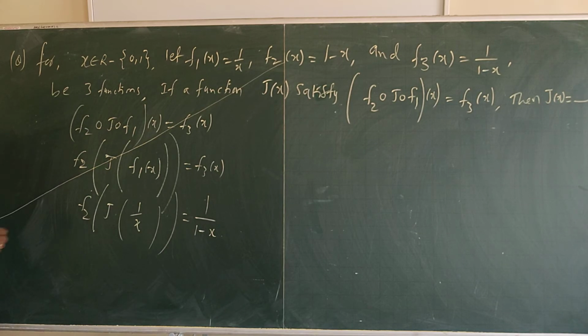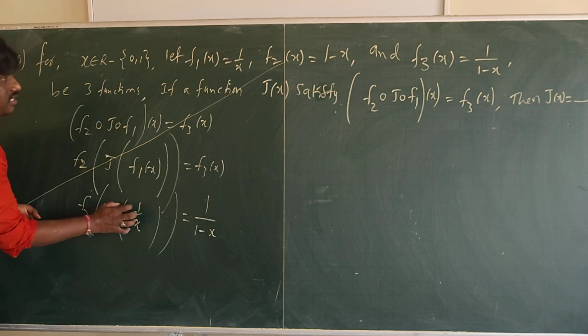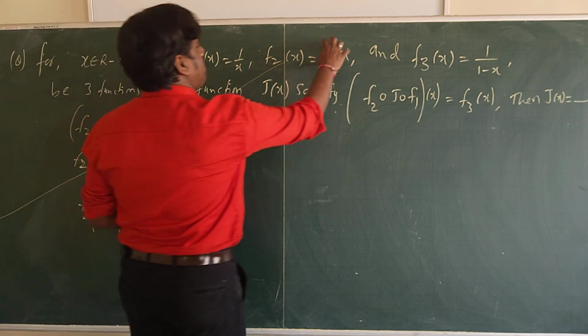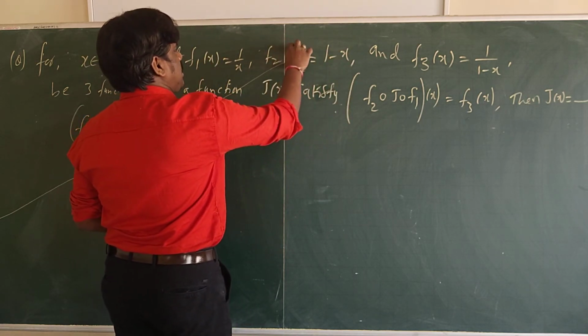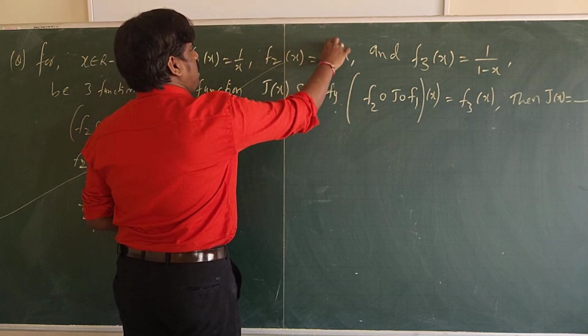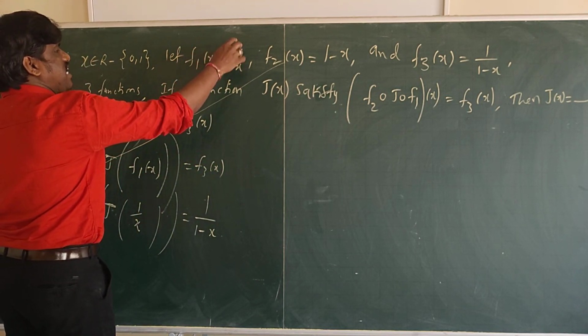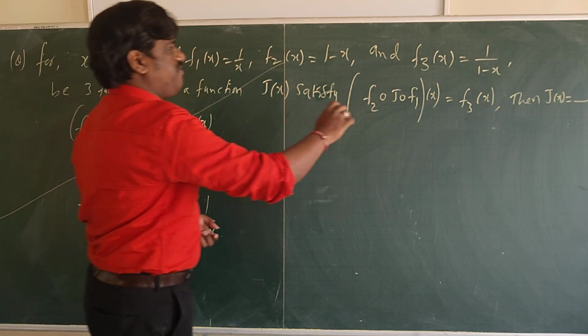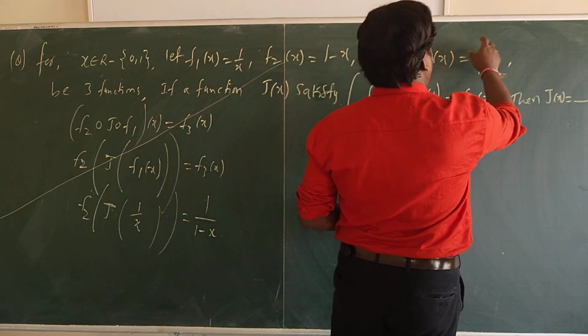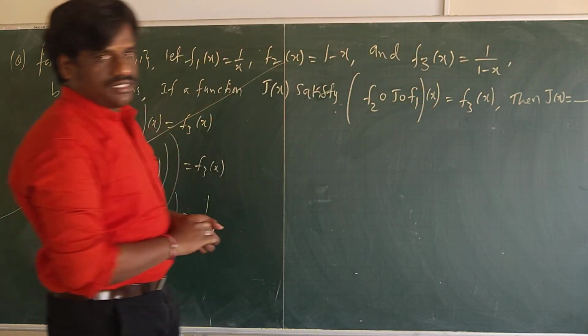Now look at this one, g of 1 by x. There g of 1 by x is not there, but f2 is there. So f2 inside, whatever is there, that acts as 1 minus x. f2 inside something is there, that will become 1 minus something. f1 inside something, that acts as 1 by x. f3 inside something, that acts as 1 by 1 minus x.